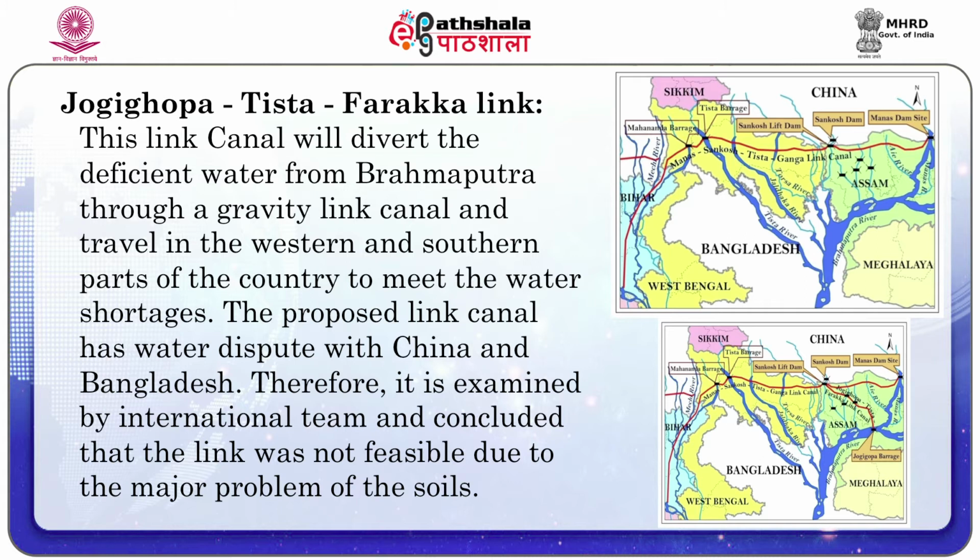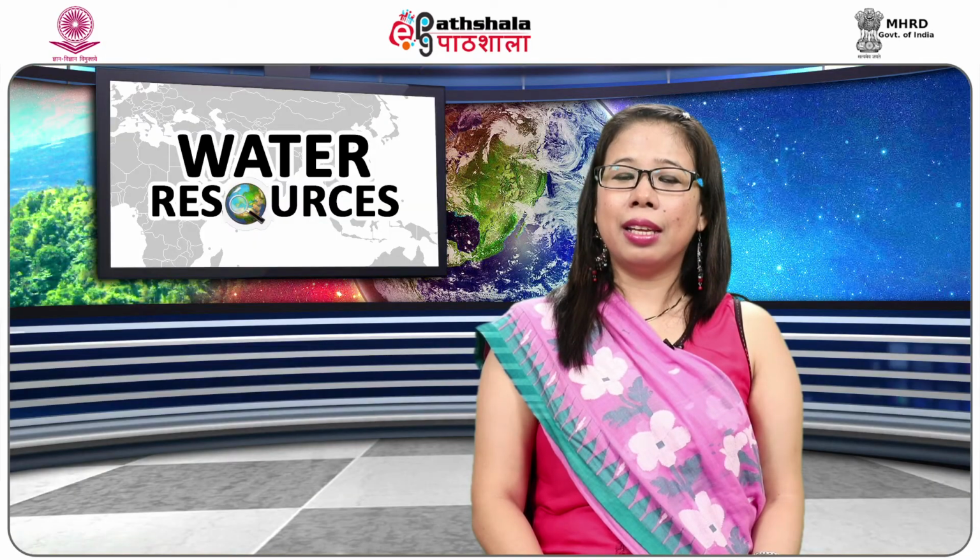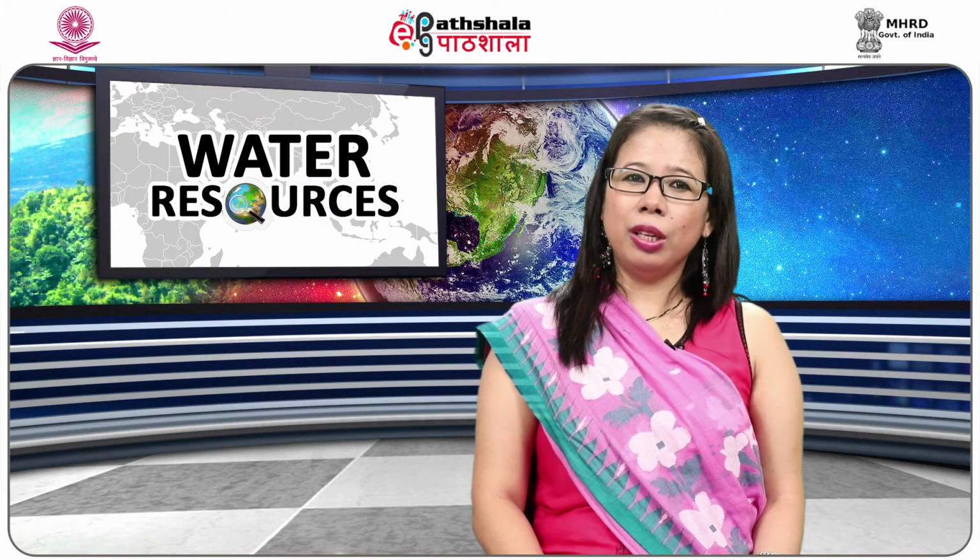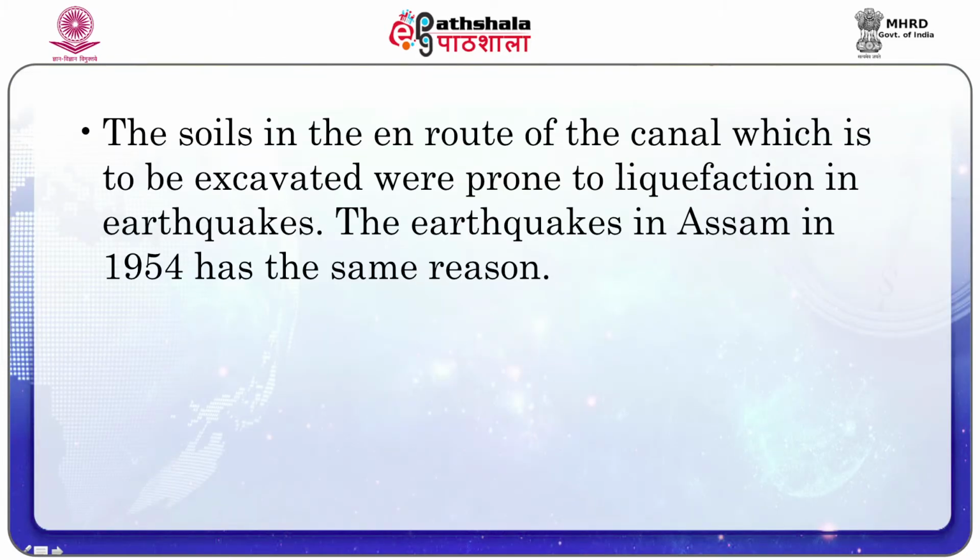Therefore, it was examined by an international team, which concluded that the link was not feasible due to the major problem of the soils. The soils along the route of the canal, which is to be excavated, were prone to liquefaction in earthquakes. The earthquake in Assam in 1954 had the same cause.